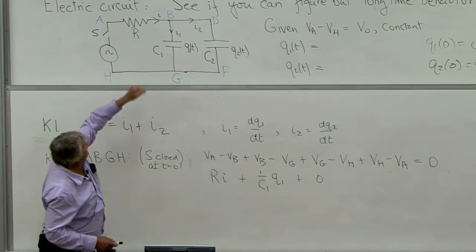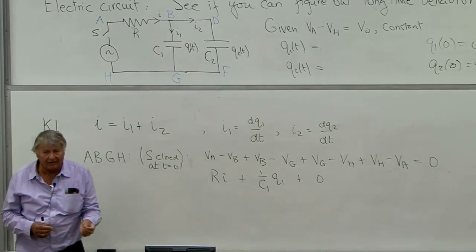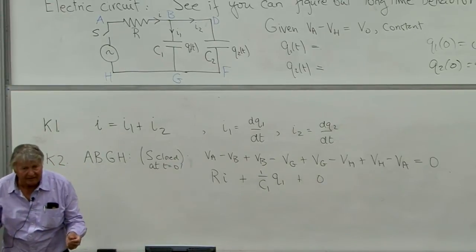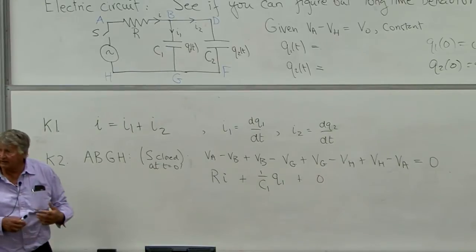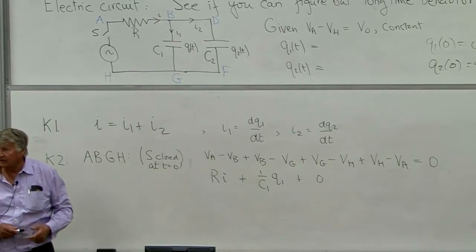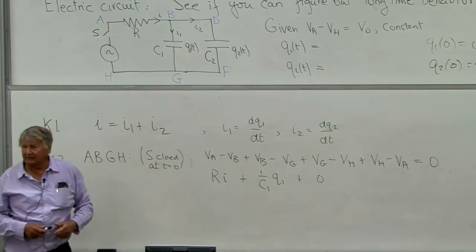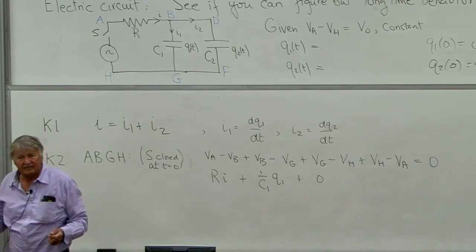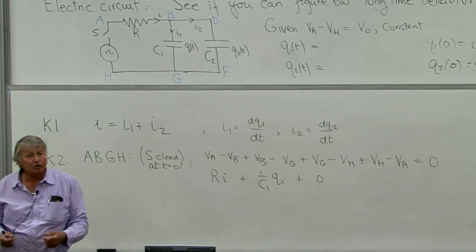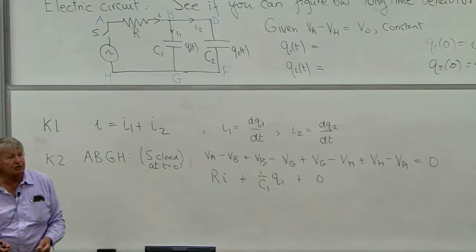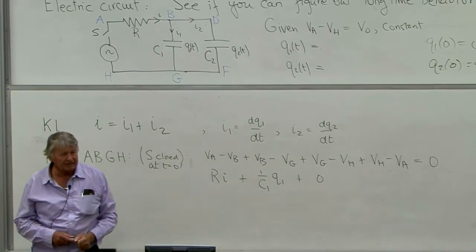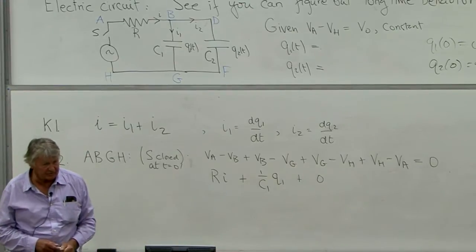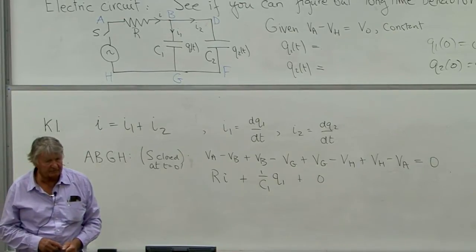Like on the top circuit, I'd have to add in little r times the length of AB, and so on. So I'd get a little bit of extra terms with little r times the length. In other words, the resistance due to the wire itself. But I'm going to assume that the actual applied resistance we put in the circuit is much bigger than the actual resistance along the wires. Okay?